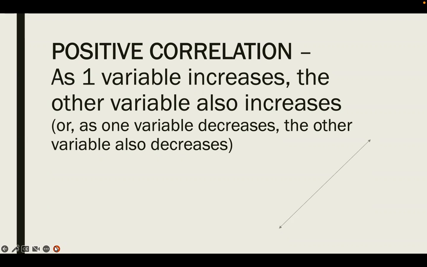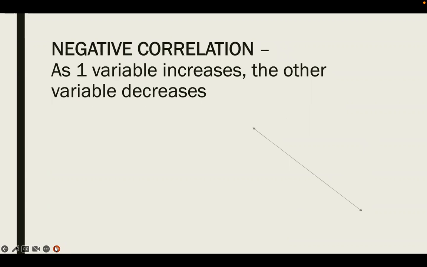And similarly, if we have negative correlation, which means as one variable increases, the other decreases, it's going to look like negative slope visually, where the line of best fit showing correlation will slope downward. So as one variable increases, the other variable decreases, negative correlation looking like negative slope.